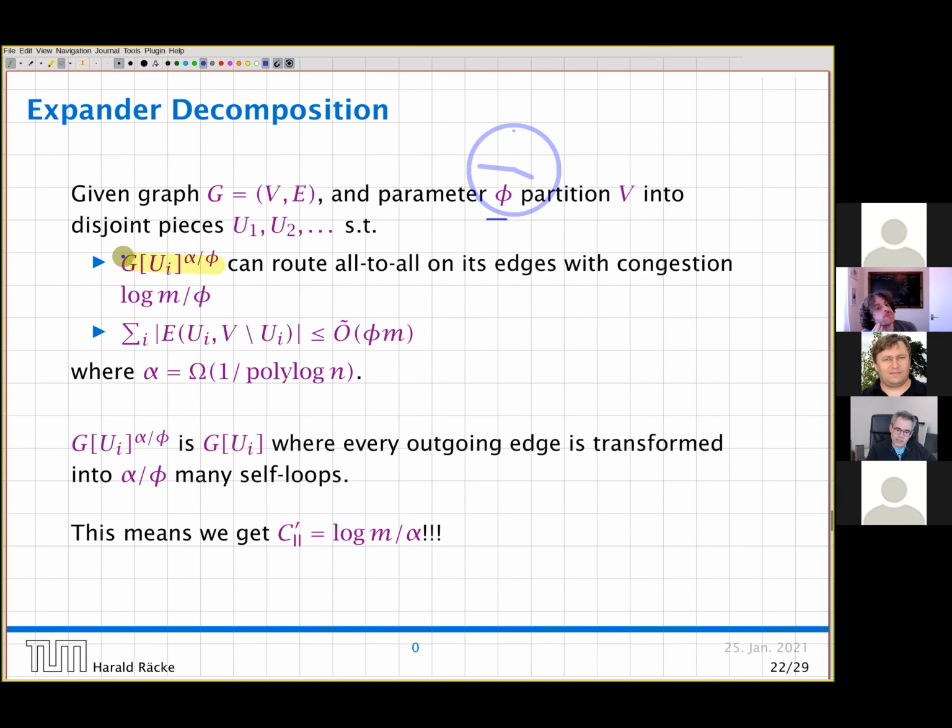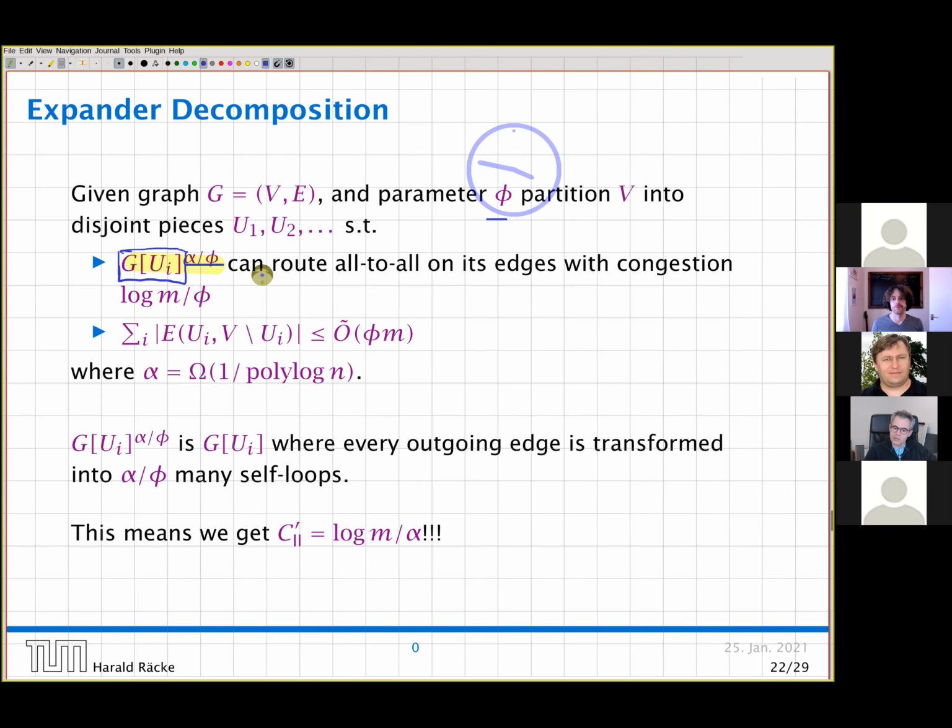This is an induced graph on U_i. And now I replaced every edge that leaves the cluster, not with one self-loop, but with so many self-loops, alpha divided by 5 self-loops. So I'm putting lots of self-loops there.